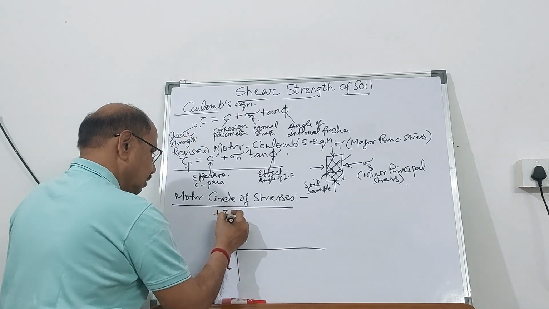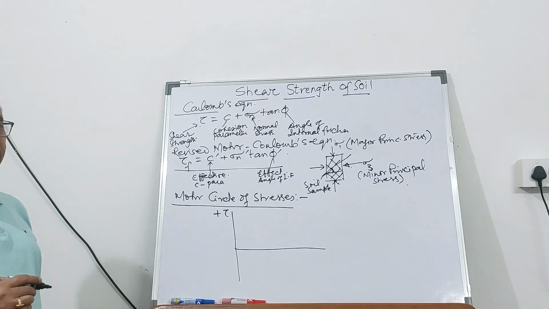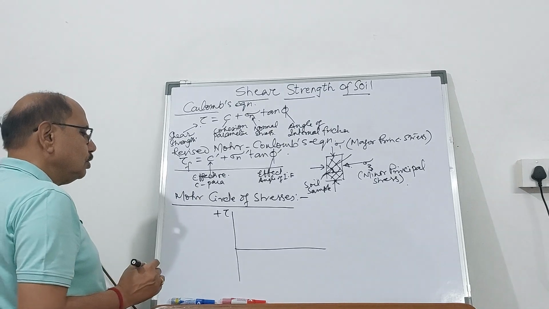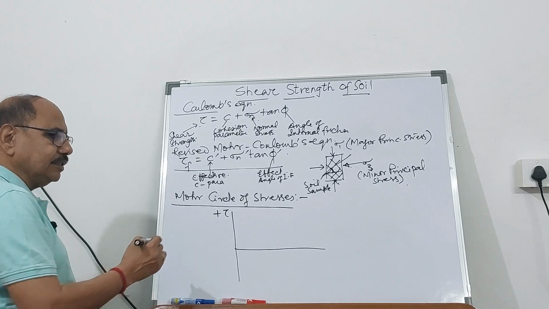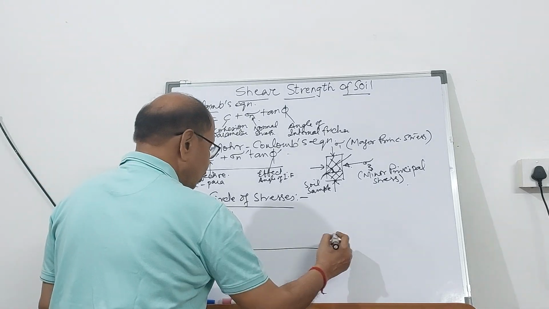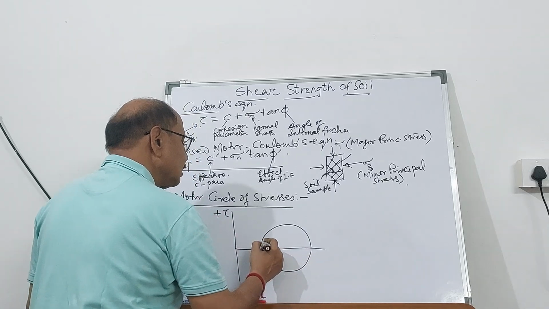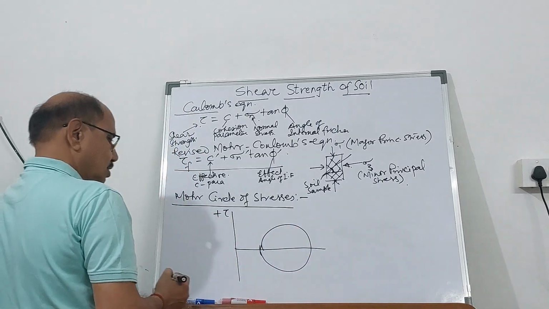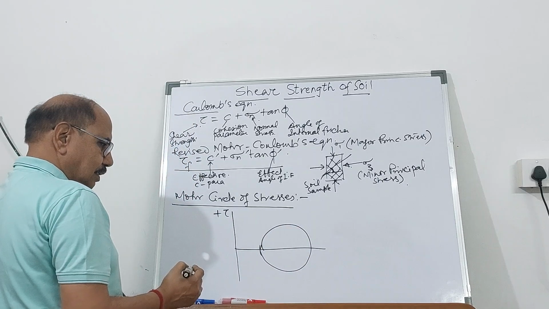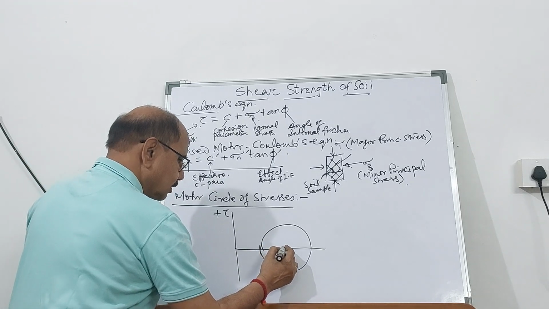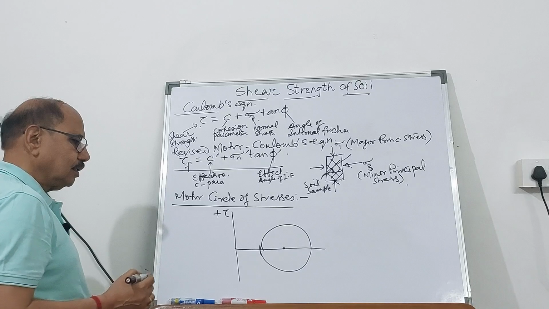On the plus side, the vertical axis is called tau, the shear stress, and this side is the normal component, and you get the Mohr circle like this. You must have come across this Mohr circle, and you know the center of the Mohr circle.